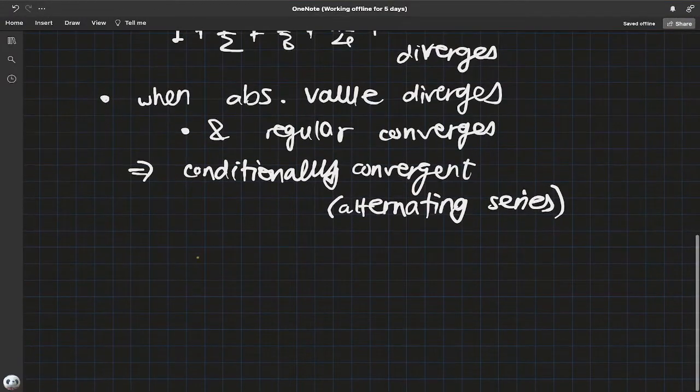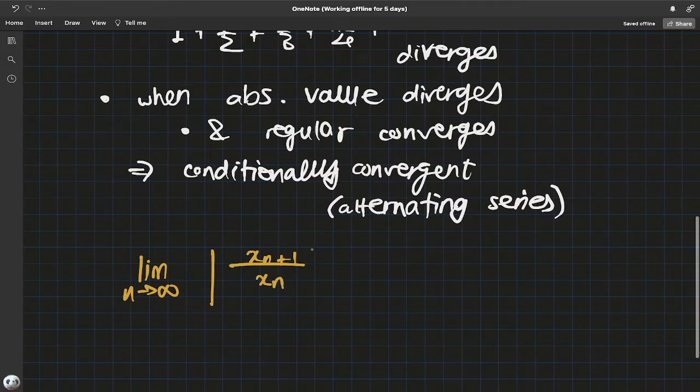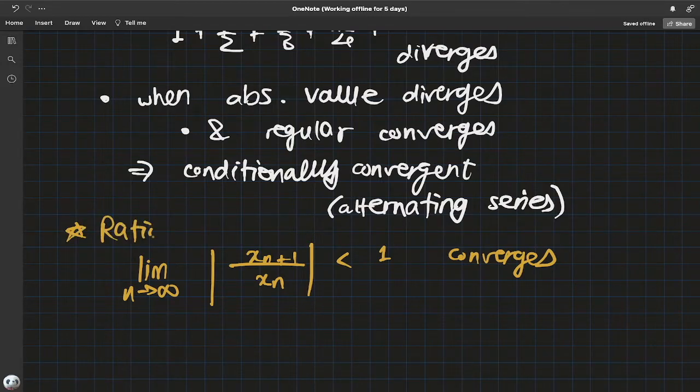Now another useful tool we're going to use is the ratio test. Basically, the ratio of the n plus 1 term and the nth term, in the limit that n goes to infinity, if the absolute value of that ratio is less than 1, then it converges.